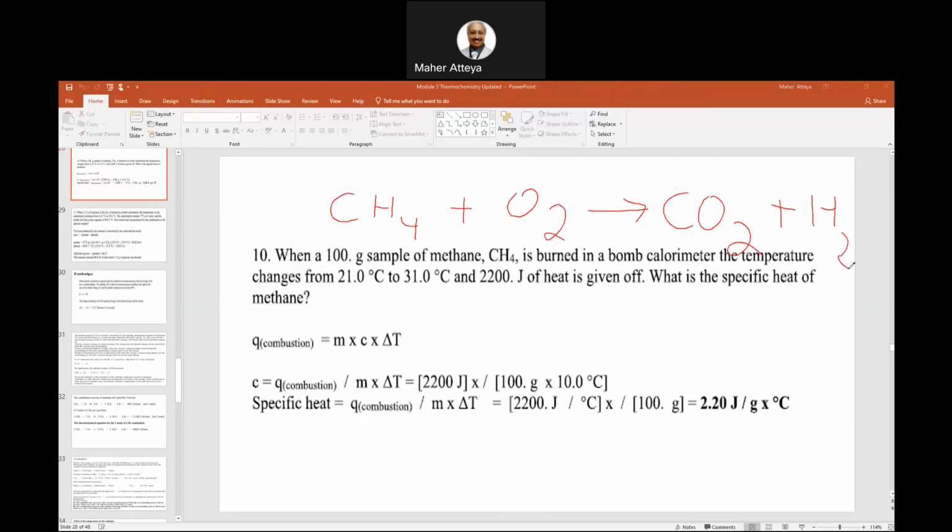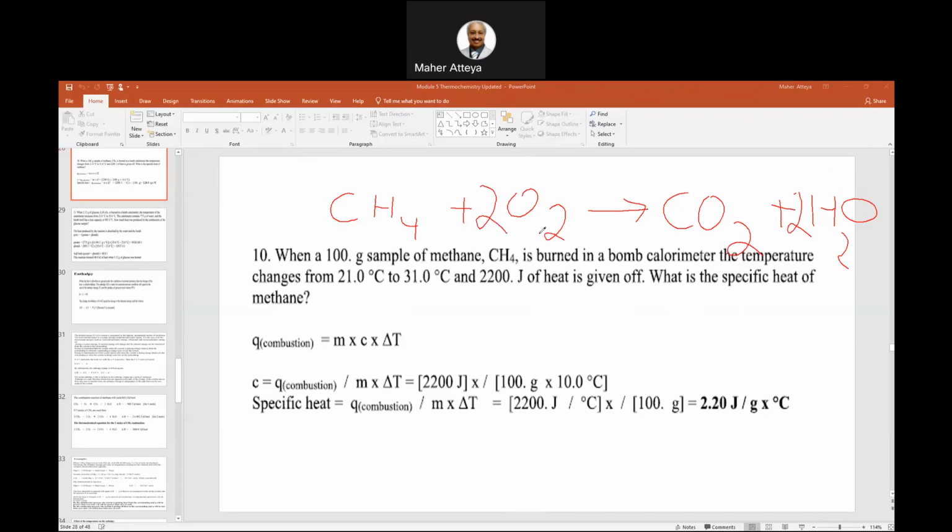Carbon is 1, hydrogen is 2, so you put 2 here to make the hydrogen 4. By doing this, you have 4 oxygen, so you put 2 here. So this is the balanced combustion reaction of methane.